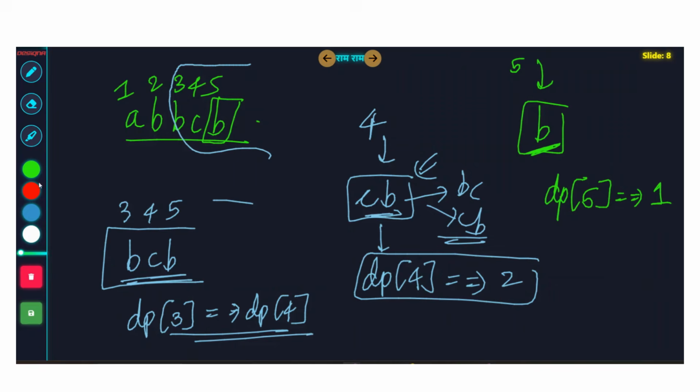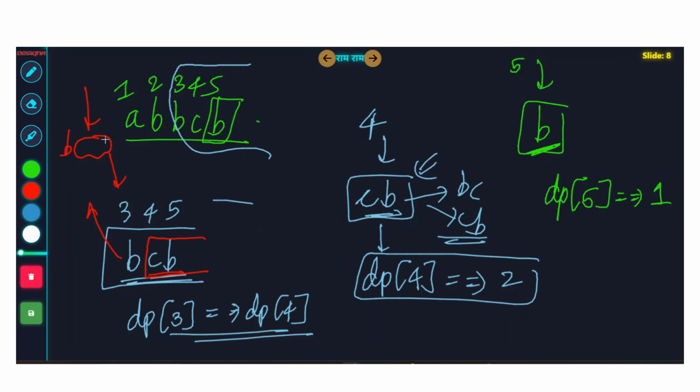Why? If you do no operation at B, B is going to remain as it is. Now you just need to know how many variations you can generate for this much part, which is DP of 4. So what can you generate for CB? BC and CB, right?